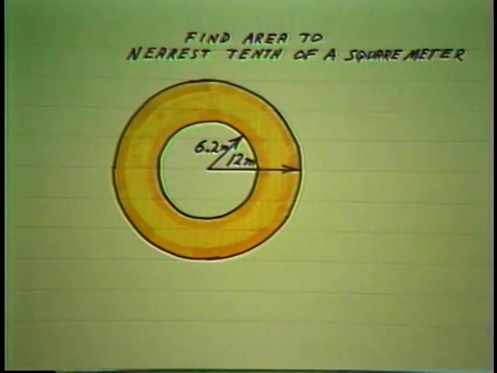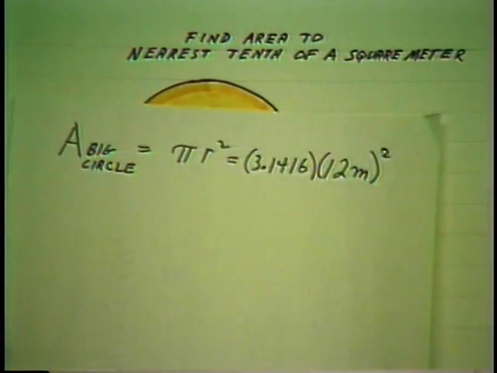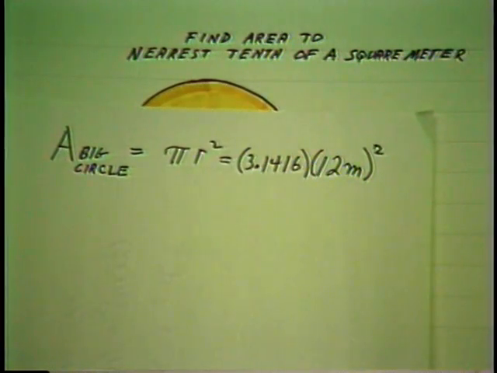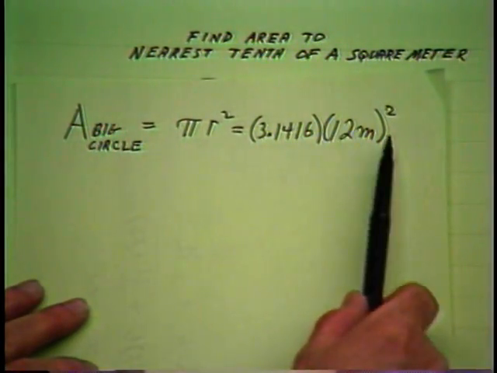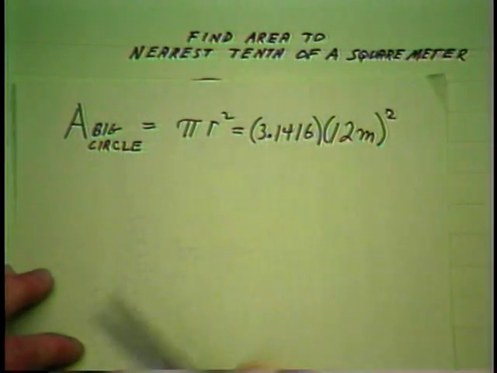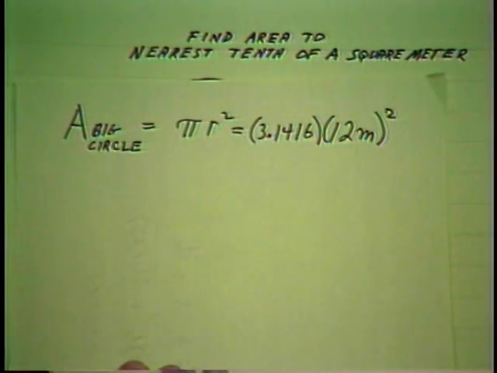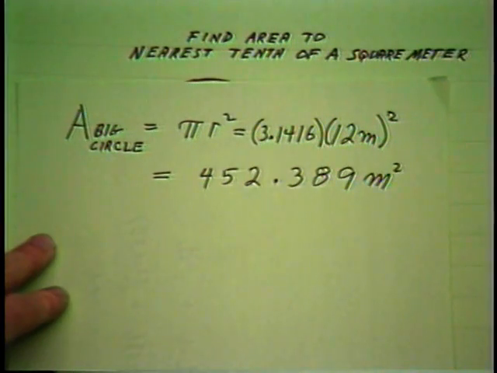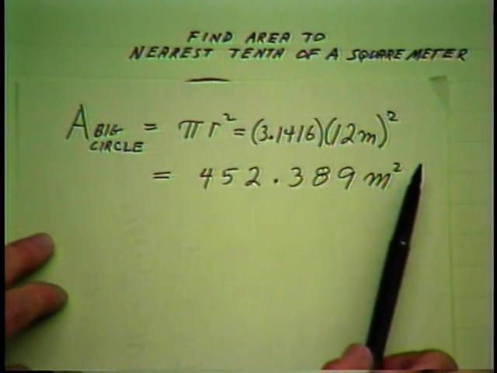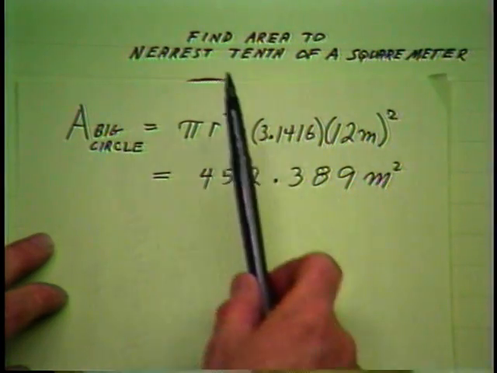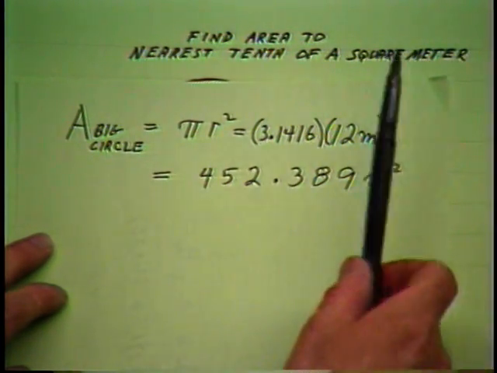So the area of the big circle is found by substituting into the formula pi r squared, and working that out on a calculator. In this case, we get 452.389 square meters, and we want it to the nearest tenth of a square meter.